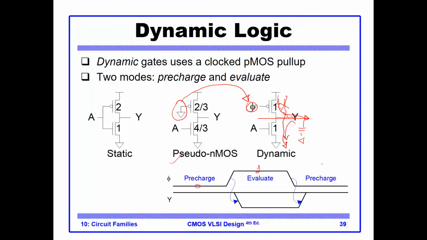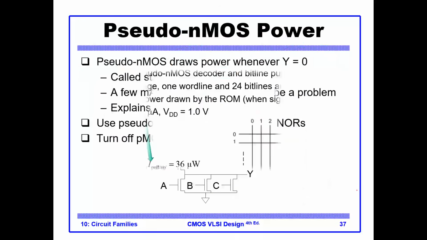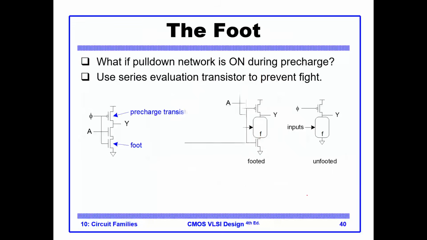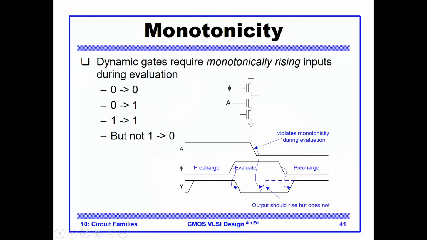Okay, let's go further here. Now, the monotonicity of the circuit concerns the inputs of the circuit, and in this case we are taking just one input. You can have more than one input, obviously.